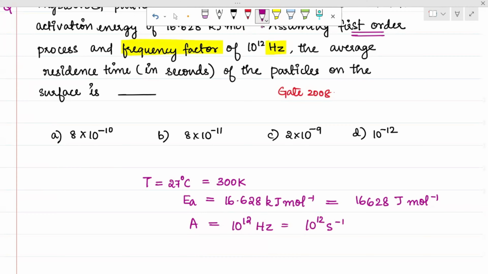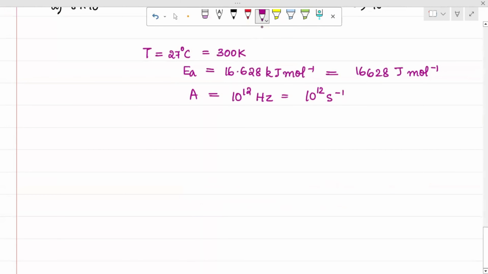So what do we want to find? The average residence time. Average residence time means we have to find gamma of the particle on the surface. It's very easy. Everything is given. Let's try to plug in. So we know that gamma is equal to gamma naught e to the power EA by RT. Gamma is what you have to find in seconds. So we have to put gamma naught in seconds as well, because the unit of gamma is equal to gamma naught. Now gamma naught is 1 by A. Correct.